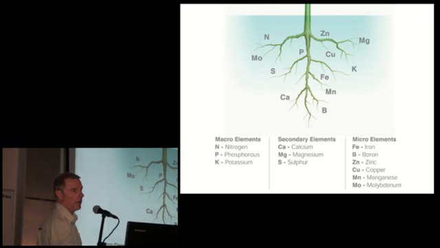And these are usually the three that, when you suffer deficiency, will have the biggest impact on your tree performance. Then we have the micronutrients, which are very important as well. If any of those are at deficient levels and not available in sufficient amounts to the tree, they will have a huge impact on the tree's performance as well.